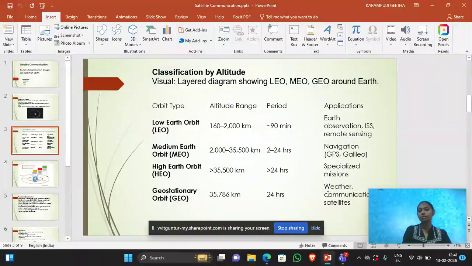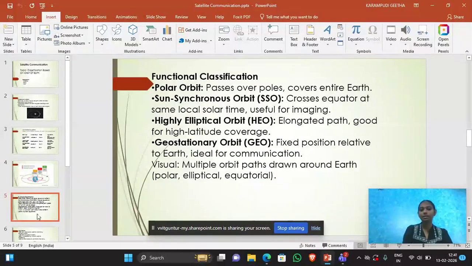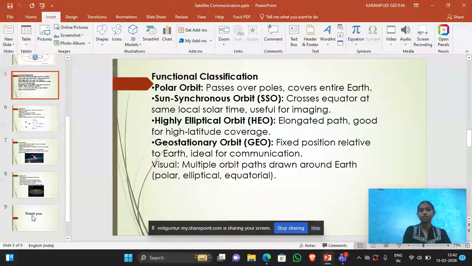The applications are also important, and each one needs a different time period. We see this diagrammatically with LEO, MEO, GEO, the time periods and how much time each will take, and polar orbit functionalities and hierarchy.